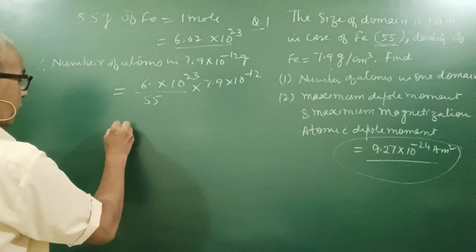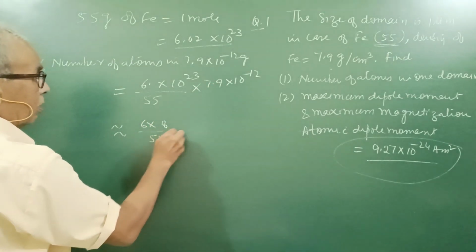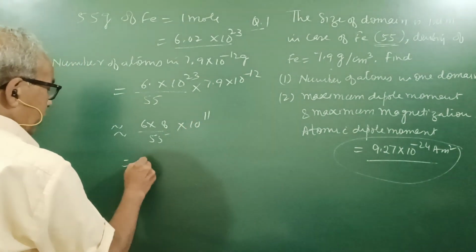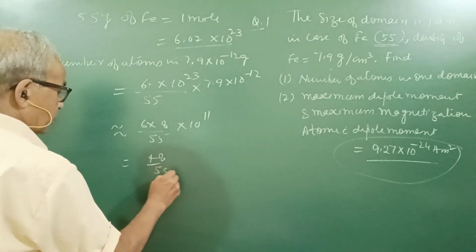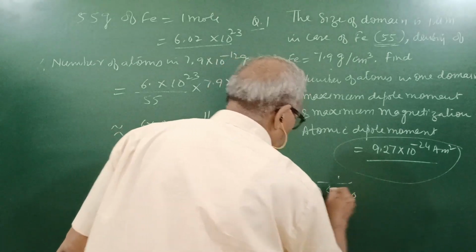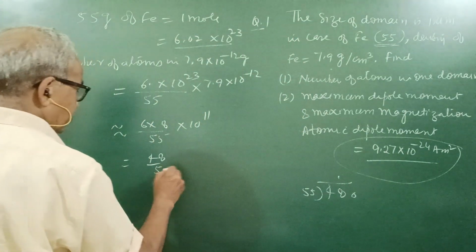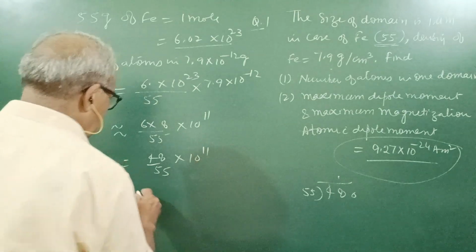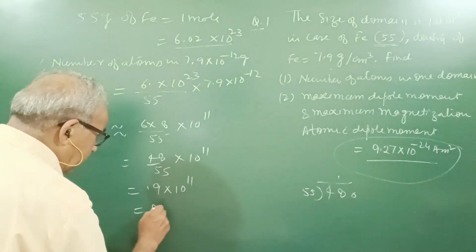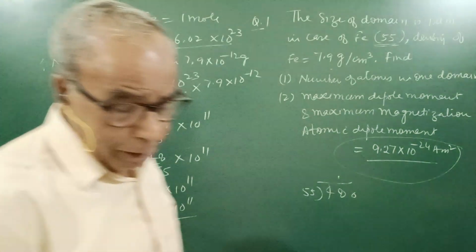If you roughly solve it, 6 into 8 upon 55 times 10 to the power 11, 48 divided by 55, which is nearly 0.9 times 10 to the power 11, or 9 times 10 to the power 10 atoms of iron are present.